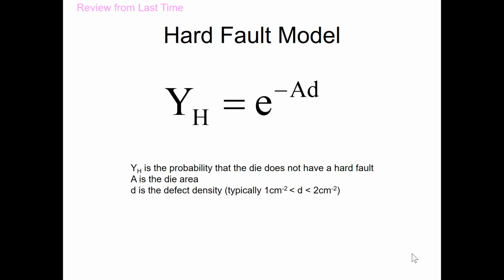So the hard yield, for the purpose of this course, we're going to assume it's e to the minus AD, where A is the area of your die, and D is the defect density. What we see then is that for a small die area, the yield is very nearly 100%. But for a large die area, the yield goes to very nearly 0.